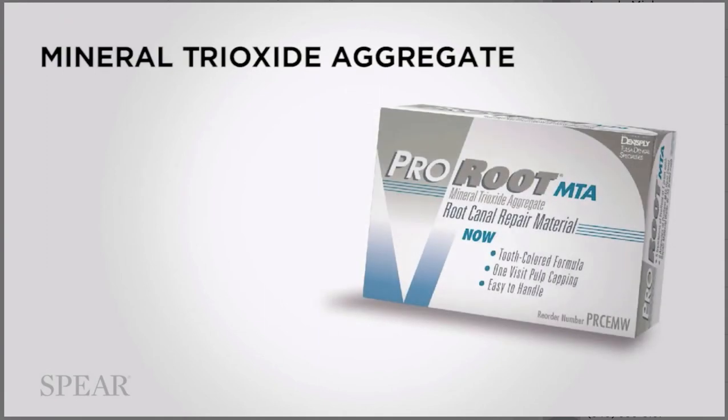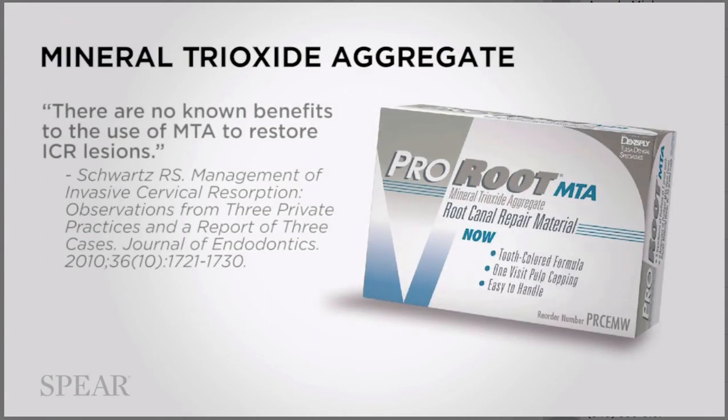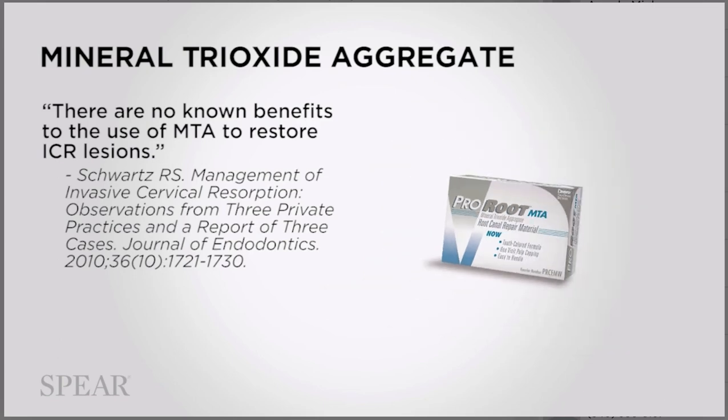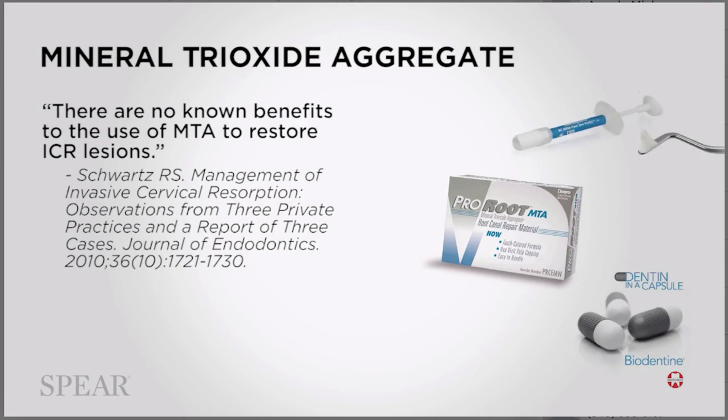People have asked about using mineral trioxide aggregate for filling up these areas externally to try to repair this. Understand that the only reason for using MTA, or some of the other materials like Biodentine by Septodont or BC Putty by Brasseler, is to encourage bone to grow right up to it. That's not going to happen, and these materials tend to wash out over a period of time if there's any sulcular fluid there.